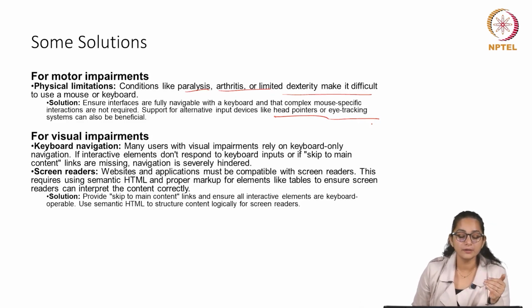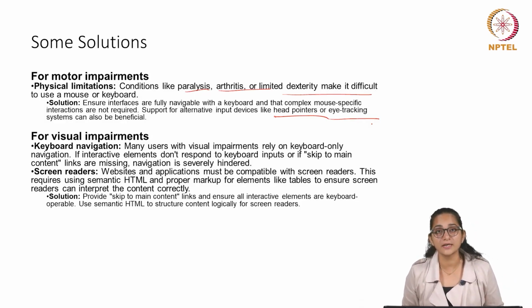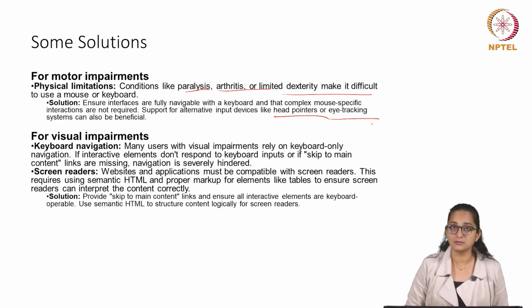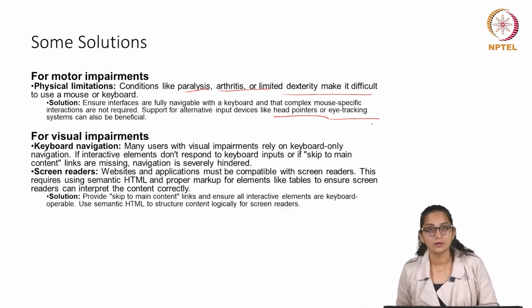For visual impairments, keyboard navigation may be the only way to navigate, because a keyboard offers a very nice tactile layout, and the button islands are separated very nicely, and basically you can count buttons.